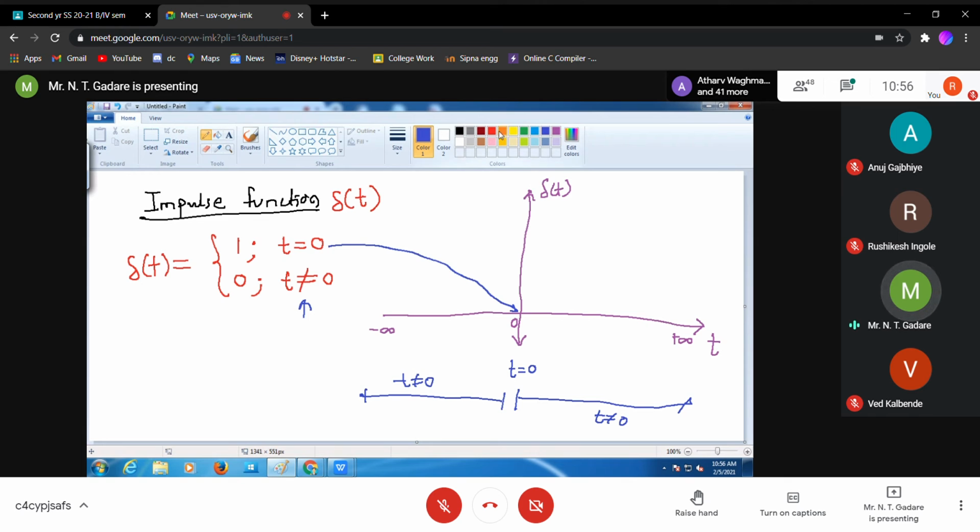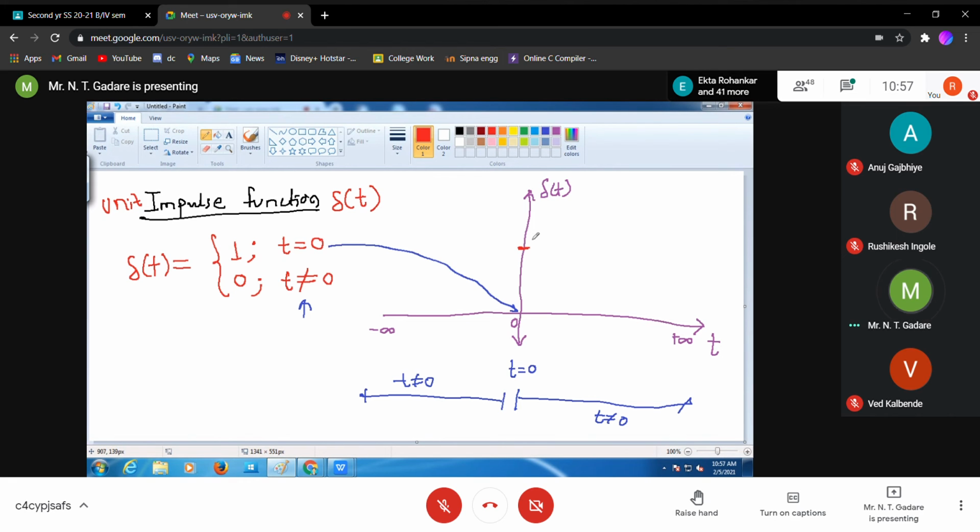तो ग्राफ कैसे प्लॉट करेंगे हम इन सभी फंक्शंस को? When t is equal to 0, it is not 1, because it is an impulse function. Okay. लेकिन जैसे ही मैं यहाँ पे यूनिट लिखता हूँ, यूनिट के वजह से this value becomes 1. तो आप समझ लीजिए यहाँ पे इम्पल्स फंक्शन भी होता है और यूनिट भी.